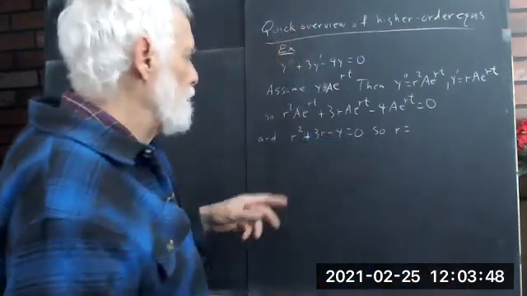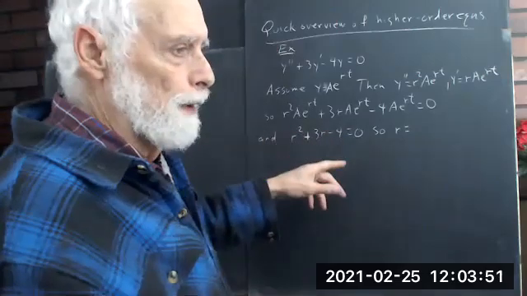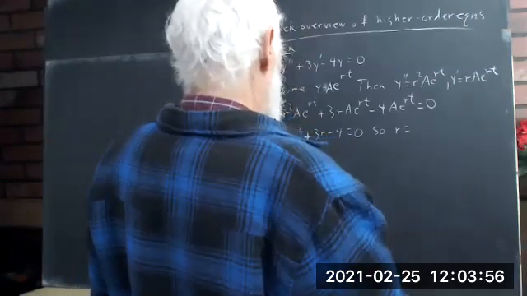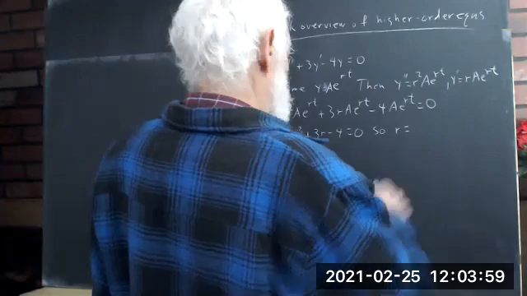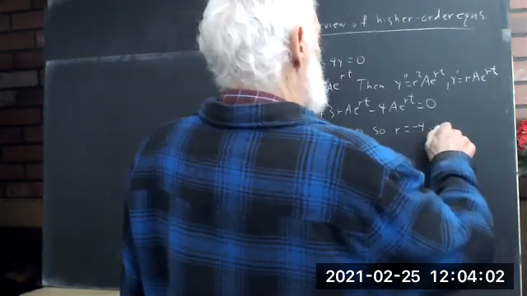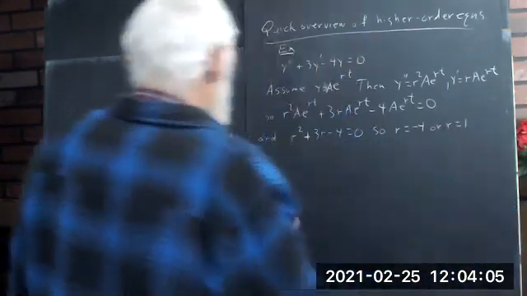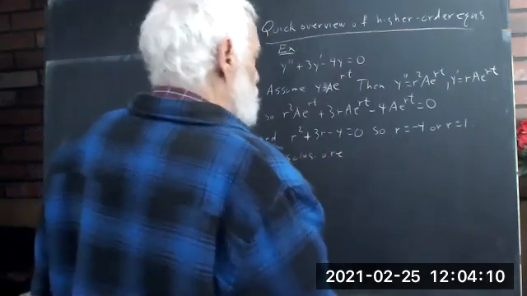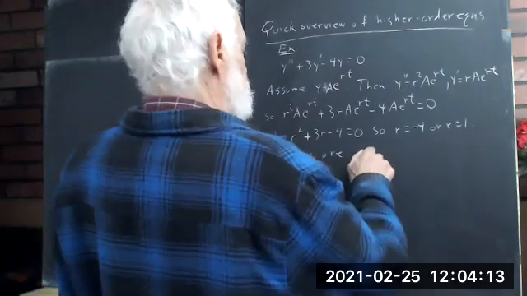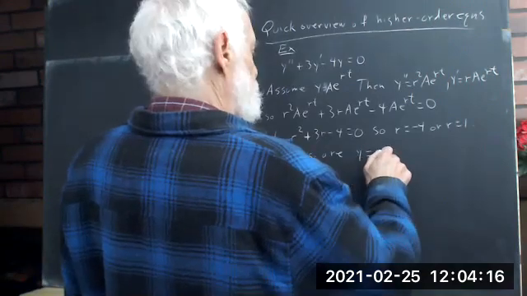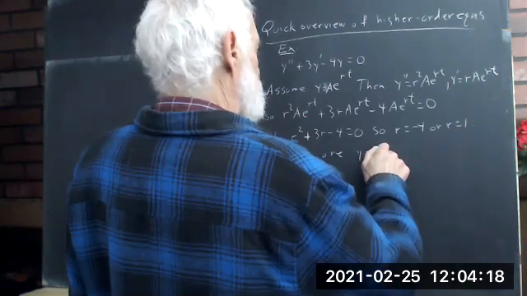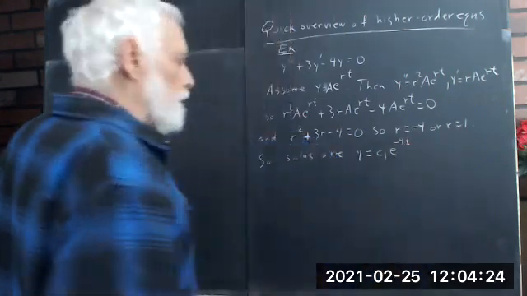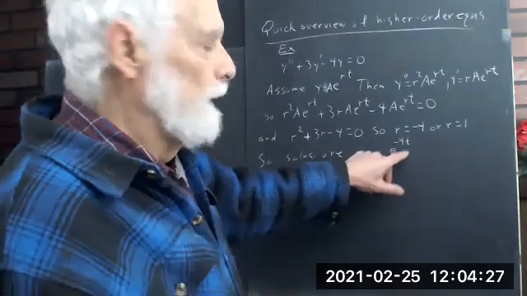So r equals what? Well, this factors into r plus 4 times r minus 1 equals 0, meaning that r would either be negative 4 or 1. So our solutions are, well, I'm going to write this as C1 e to the negative 4t.